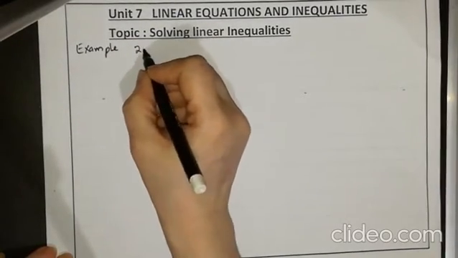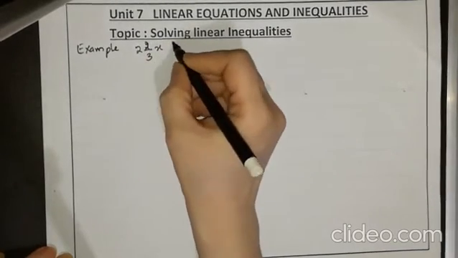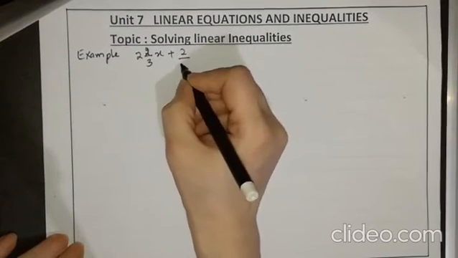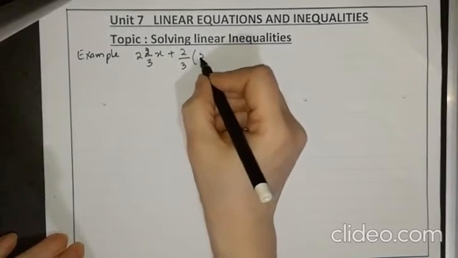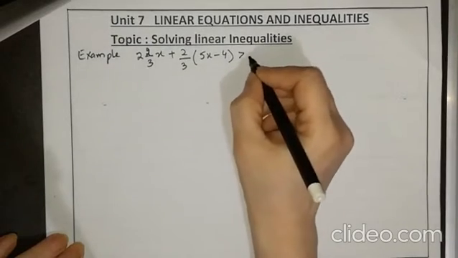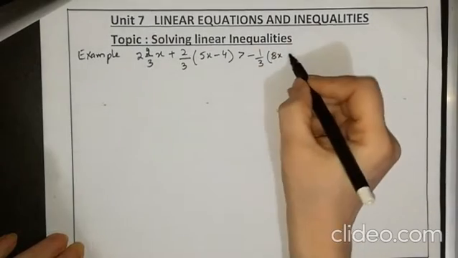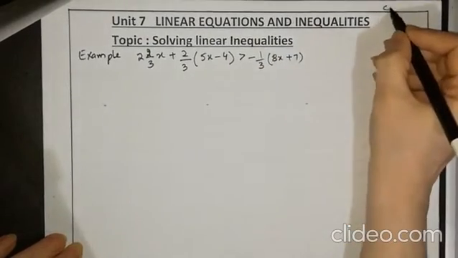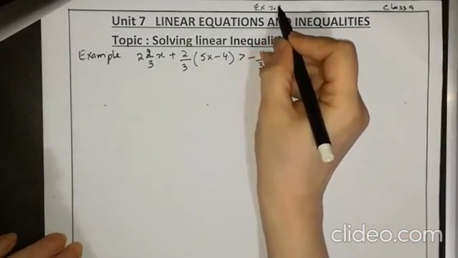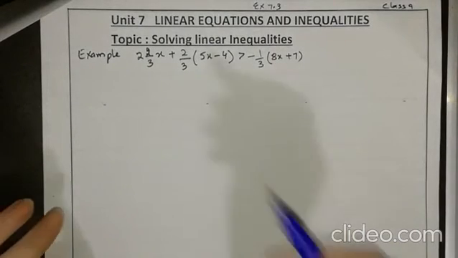Solve the inequation 2 whole 2 by 3 x plus 2 by 3 (5x minus 4) greater than minus 1 by 3 (8x plus 7). This is also class 9 and this is your exercise 7.3. So let's have a solution.